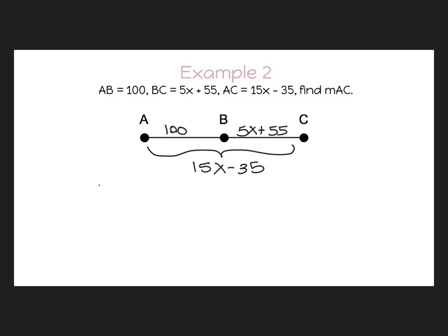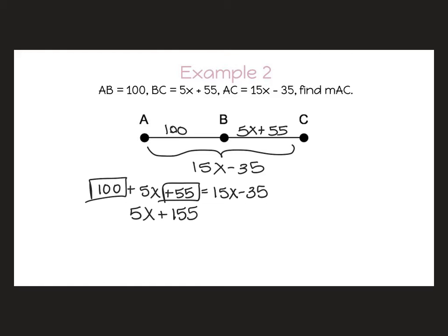So remember, it's the first part plus the second part equals the entire segment. I'm going to combine my like terms, so 100 plus 55 is 155. I could subtract 5x from both sides.